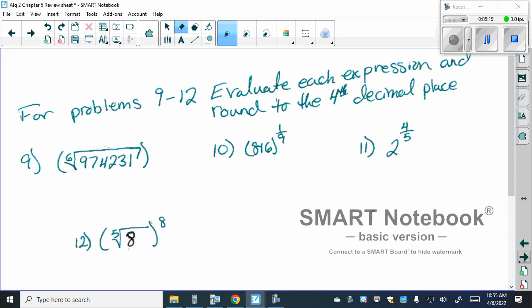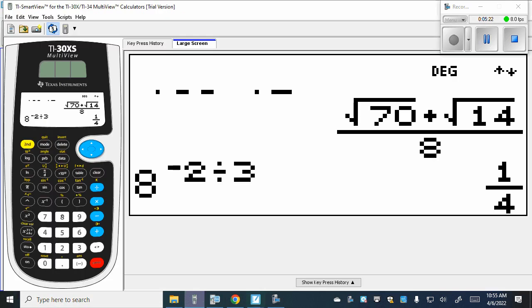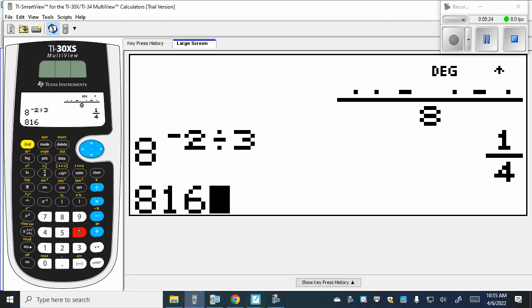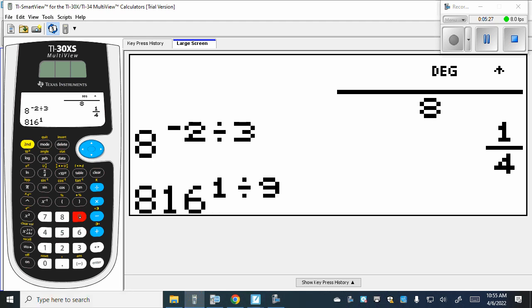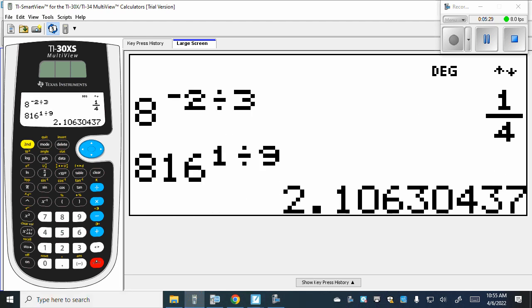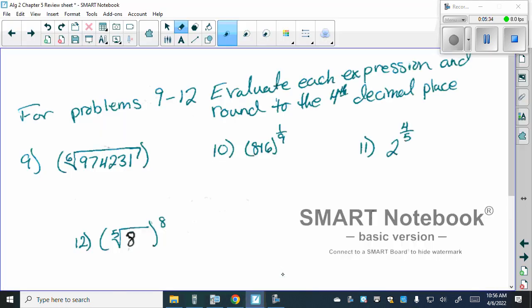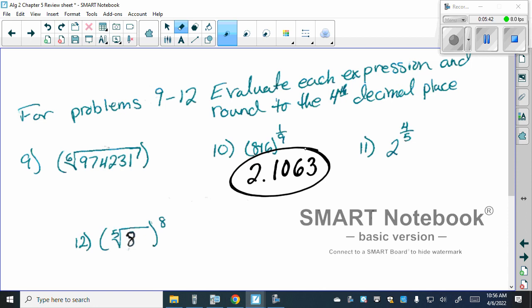So we can say 8/16 to the 1/9. 8/16 to the 1 divided by 9. 2.1063. That's it. Any other questions on these here?